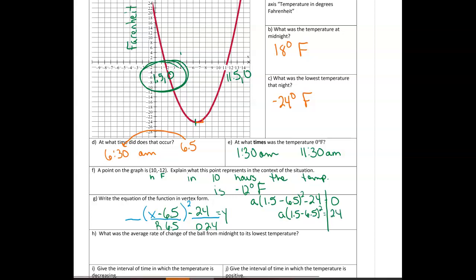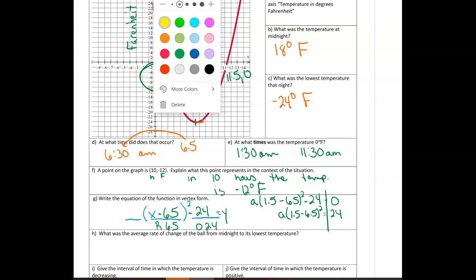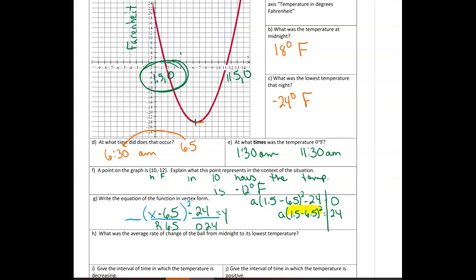And then, because the stuff in the parentheses with the exponent is such a mess, we would just clean that up. So I get negative 5 in the parentheses, and when I square negative 5, I get 25. So A times 25. And now to move the 25 over, I would just divide it, and my A is going to be 24 over 25. So I'm just going to put that right there. It's almost 1, but it's not quite.